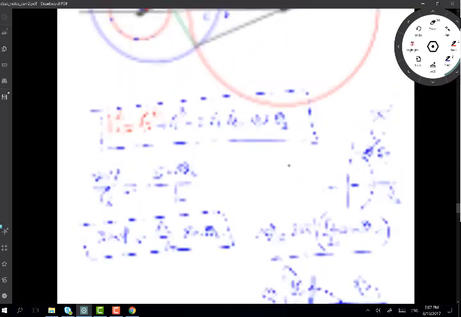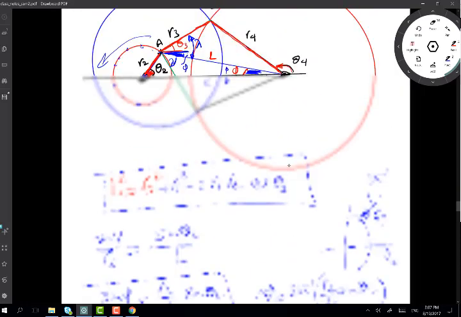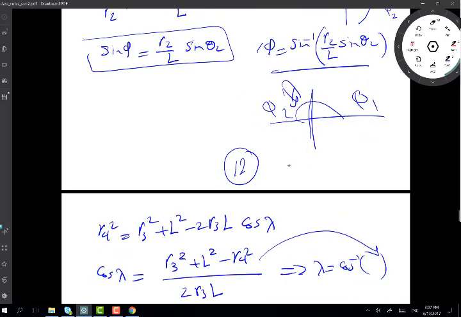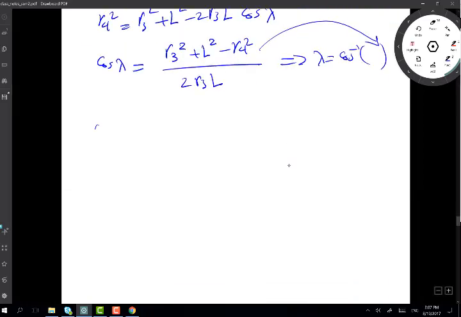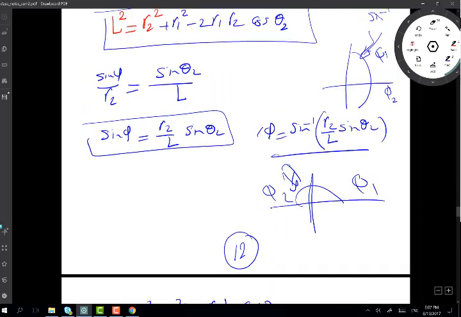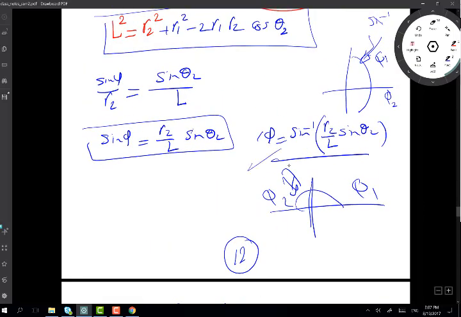If I want theta 3 at this stage, theta 3 is equal to the whole of lambda, take away phi, which I had just calculated previously. So this is my angle phi.